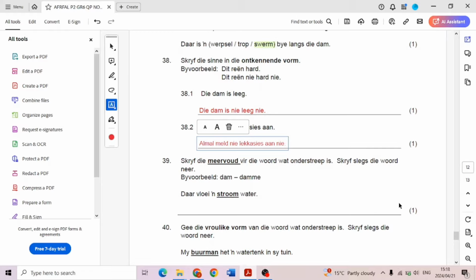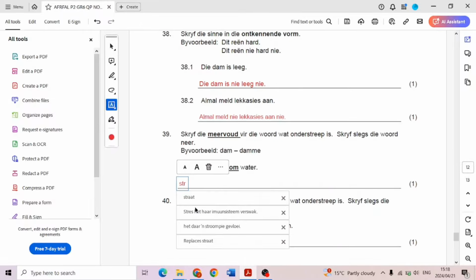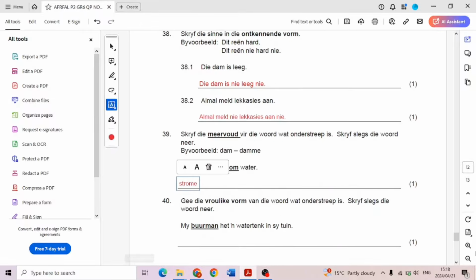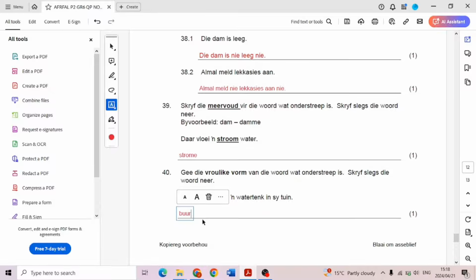Done. Next, meervoud. They always ask this for 1 or 2 marks. Stroom has a long vowel, ends on an M, so you're gonna say strome. Gee die vroulike vorm van die woord, so this is male or female. Bierman, opposite is biervrou.